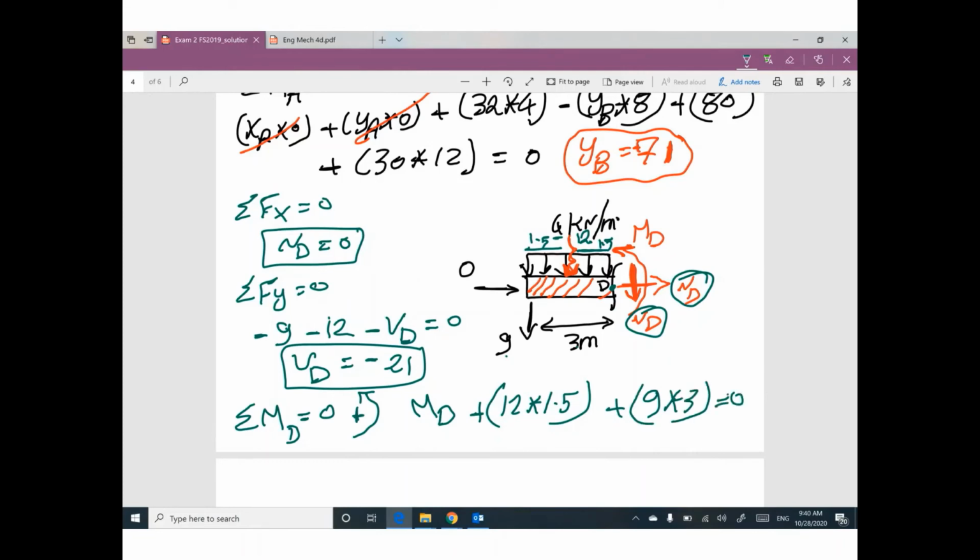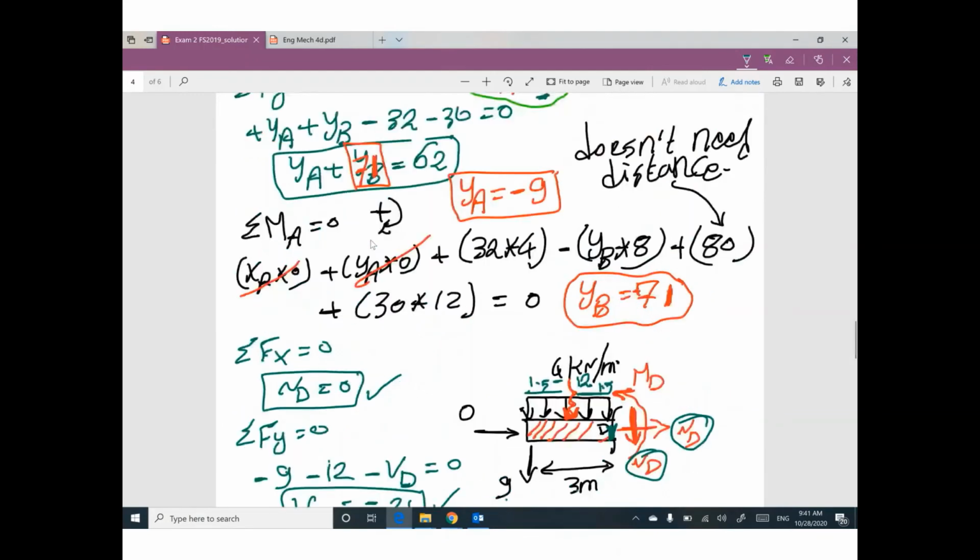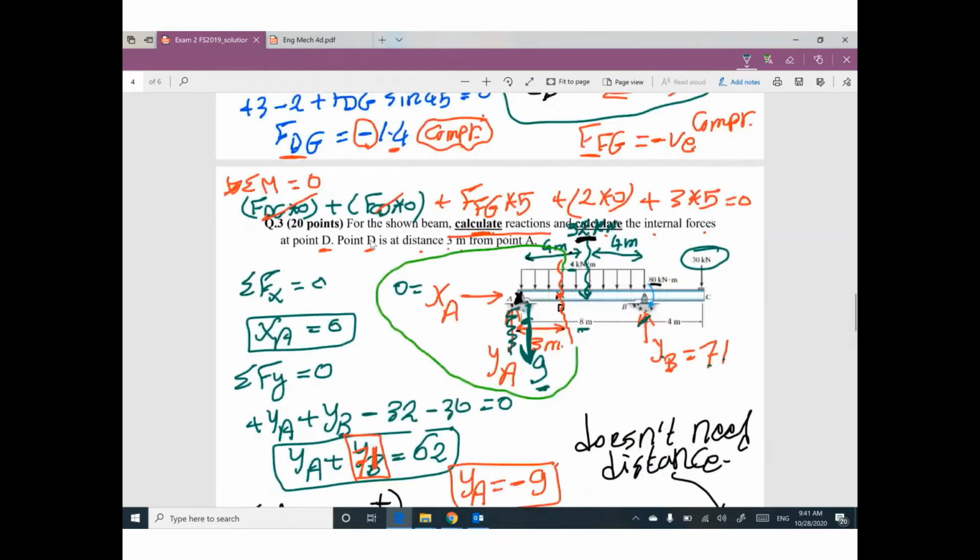So I can figure out the value of MD, it will be negative 45 kilonewton meter. So the internal forces at joint D: normal equal 0, shear equal 21, moment equal 45 kilonewton meter. This is the third problem in the exam. Reactions and calculate the internal forces.